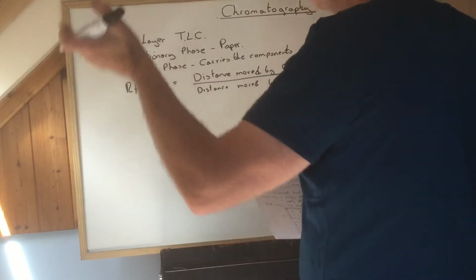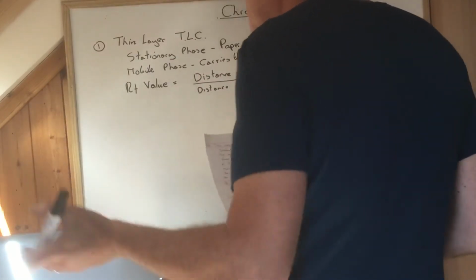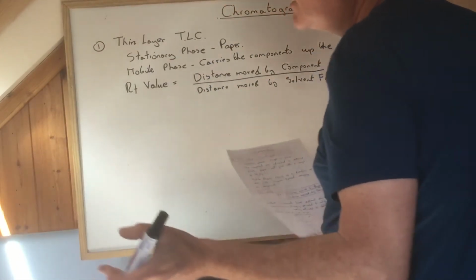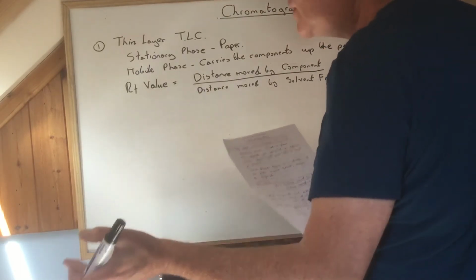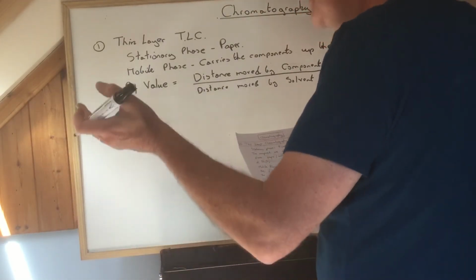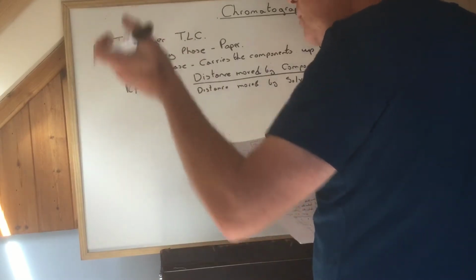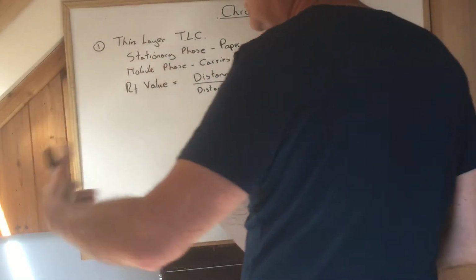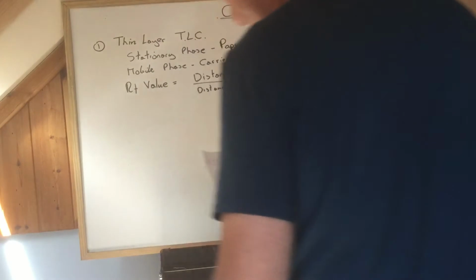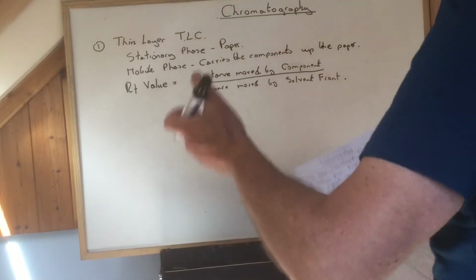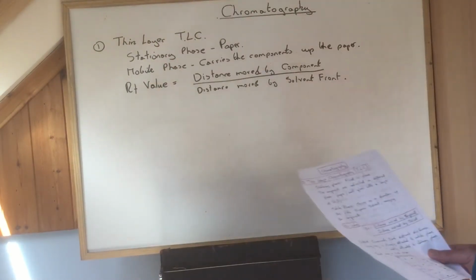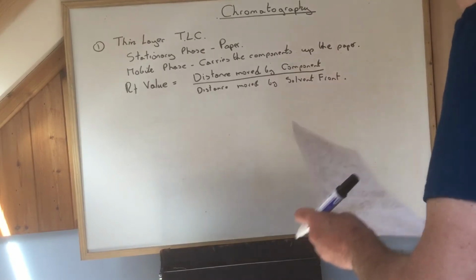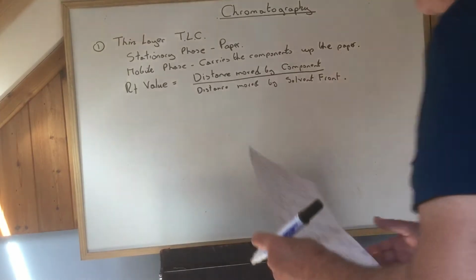But if they are weakly attracted to the mobile solvent, then they will only go up a small amount. So each component has a different attraction to the mobile phase and the stationary phase, because they work together, separating them out as they climb up the chromatography paper. It's as simple as that, okay?